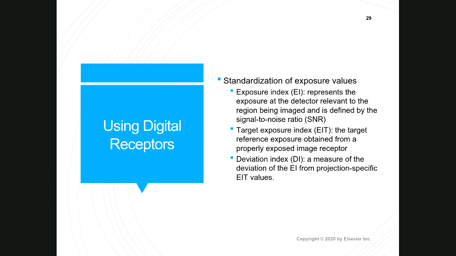Usually when you're in yellow, you might be able to get away with it. Anything in the orange or red, you're probably going to have to repeat on the negative side. If you're on the plus side and you've done that, it just means that your image is likely acceptable, but you've over-radiated your patient. Okay, so those three things, exposure index, target exposure index, and deviation index, are important.